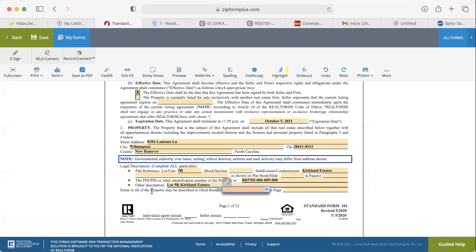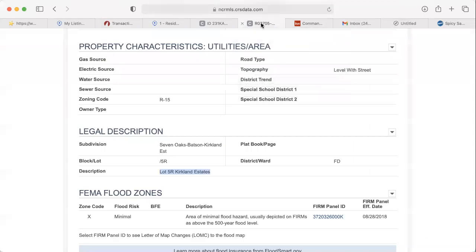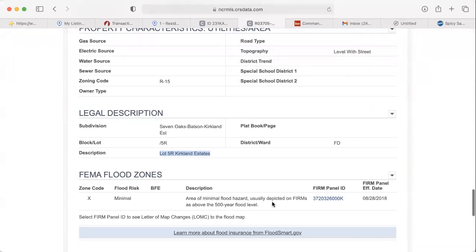And then it says some or all of the property may be described in deed book. And this is a deed book and page number. This is where, when the seller bought the property and was deeded the property, it was recorded in that place.